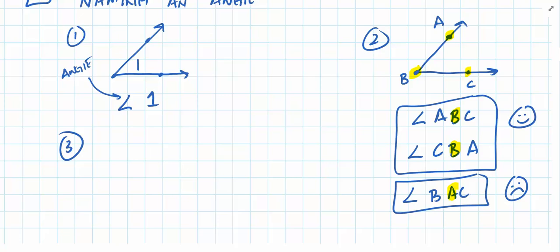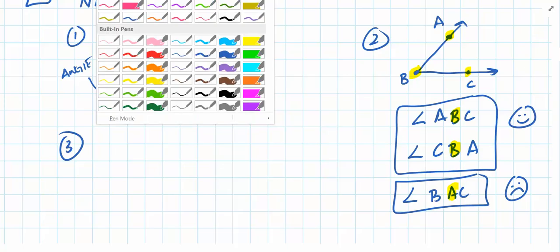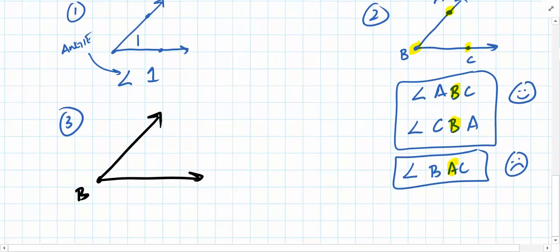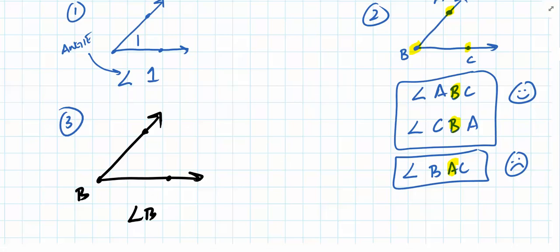And then the other way that's okay, but only works sometimes, is this one. Say I give you a point, call this B, and we say angle B. The reason that this only works sometimes is because, what if I gave you this picture here?